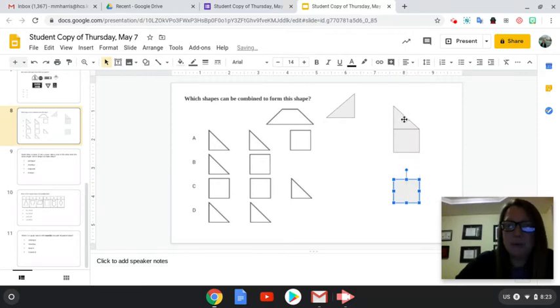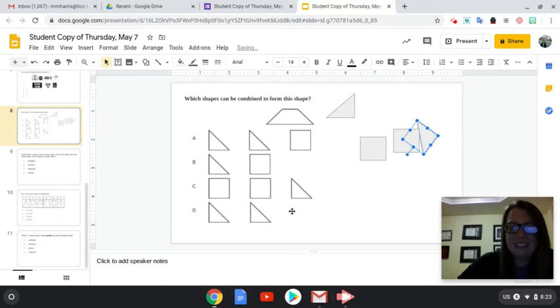Would there be any way to put these together so that I could make this shape? No, I can't figure it out. If you can, boys and girls, I'd be really shocked. And this one won't make it either, so our answer choice is A.